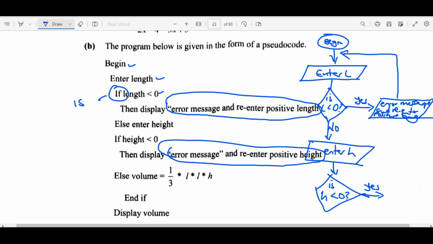So you copy everything here. We'd say error message and re-enter positive height.